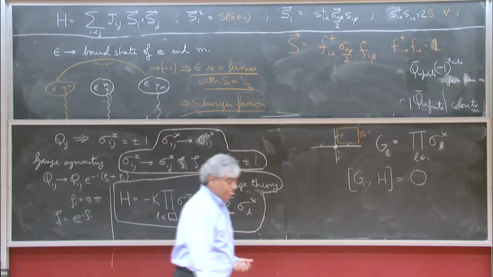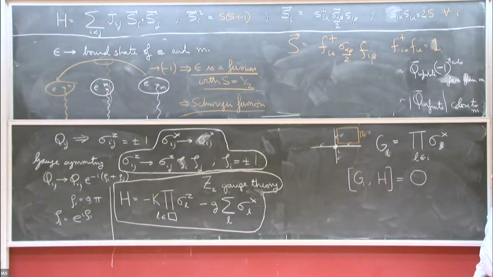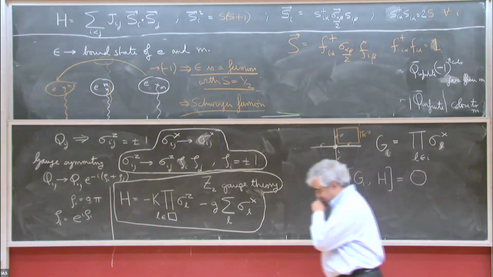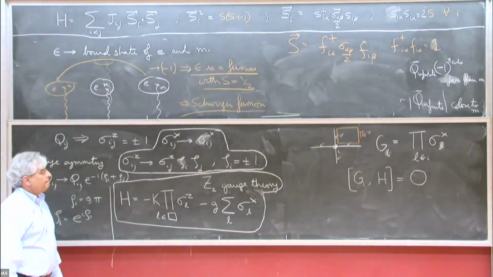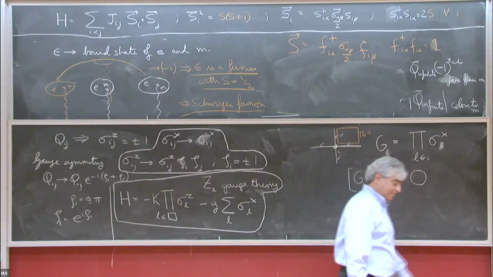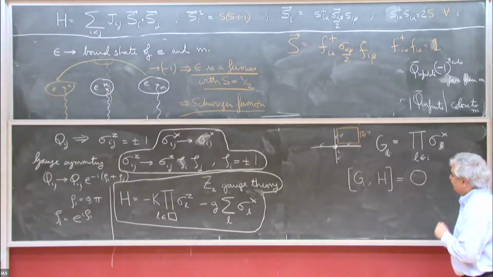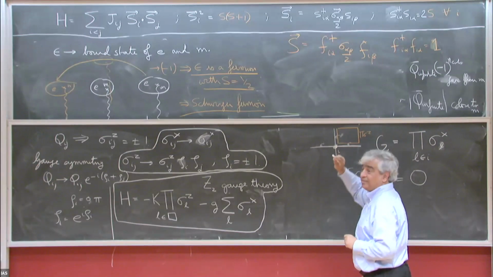This only works on the square lattice? No, it works on any lattice. Everything I'm going to say will work on any lattice. Because if you had a triangle plaquette, then you'd have three sides. It doesn't matter, as long as it's a closed loop, it's going to go through any lattice site an even number of times.